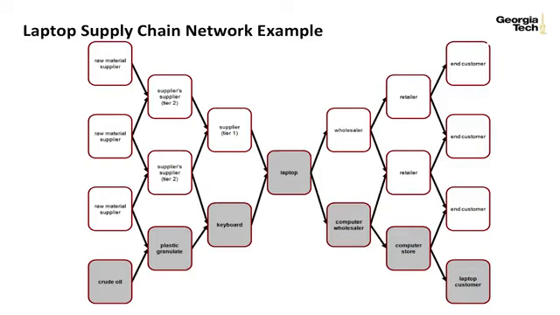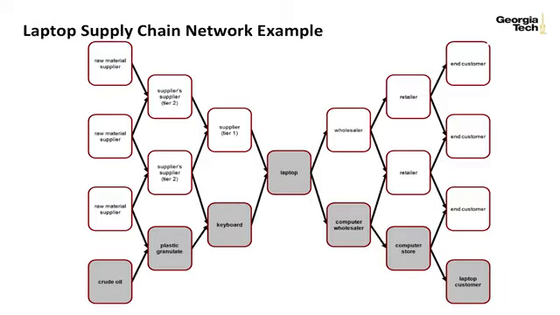For example, moving from raw materials such as crude oil through plastic creation to keyboard component creation as an input to the laptop at the finished manufacturer location, where it is combined with various other components of the supply chain, such as the power supply, display, the case, the memory, the processor, etc.